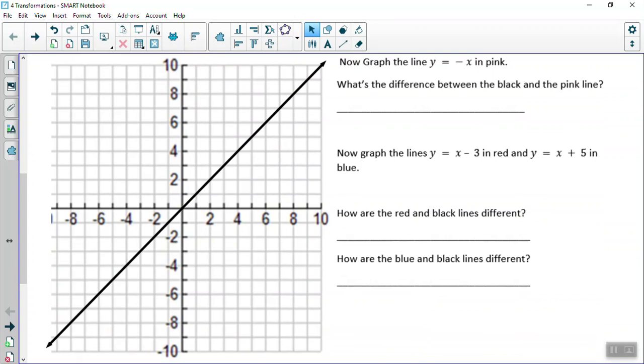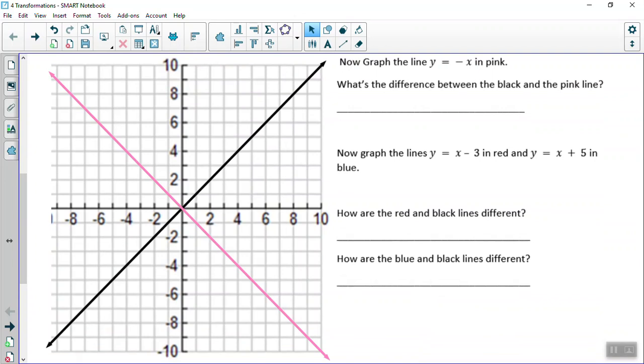So to do a slope of negative 1, again, it has no y-intercept. I've just changed the sign of my slope. So I start here, and negative 1 means I'm going to go down 1, right 1. Down 1, right 1. And I keep following that pattern until I have enough points to make my line.